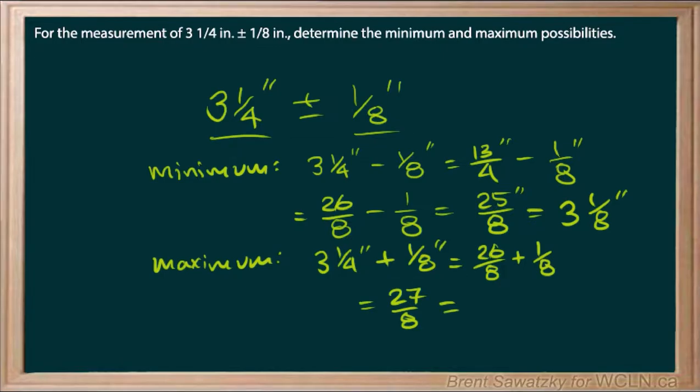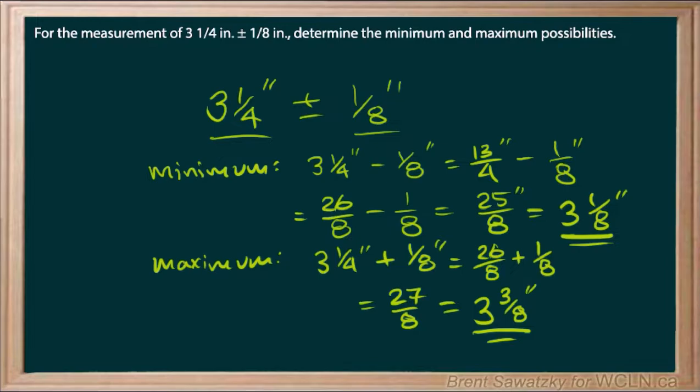And again, we stop and we think, okay, 8 times 3 is 24, okay? 8 times 4 is 32, so that's too big, so we're sticking with the 3. But this time, we go to 24 and we have 3 left over. And so minimum here, maximum here.